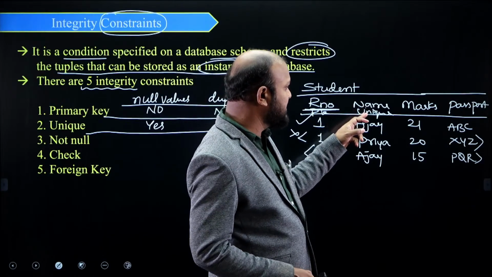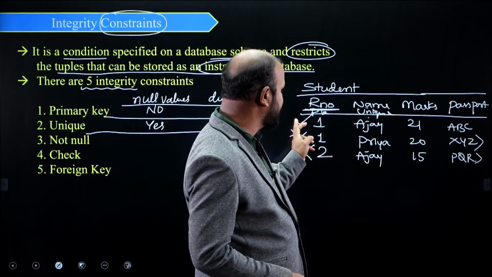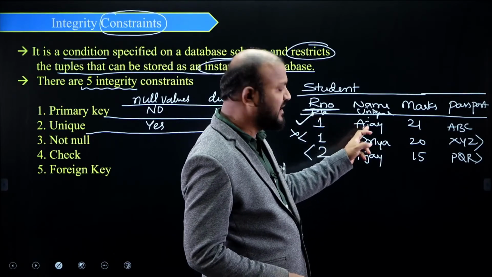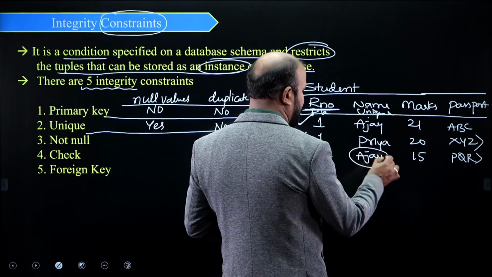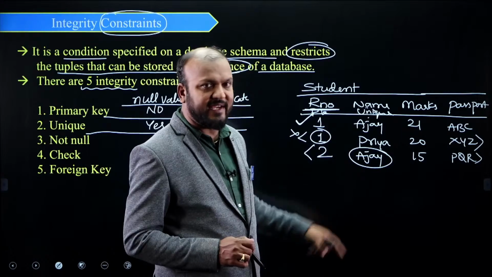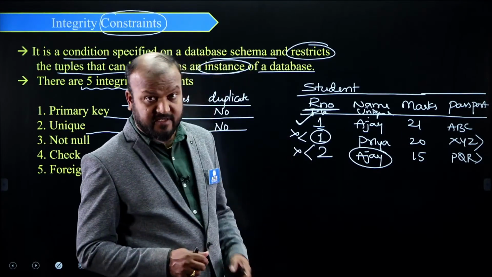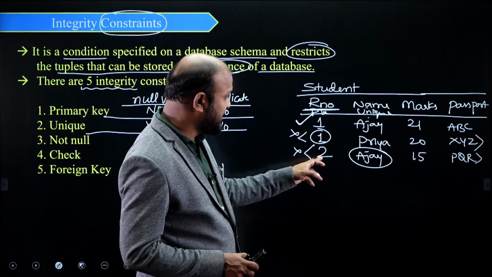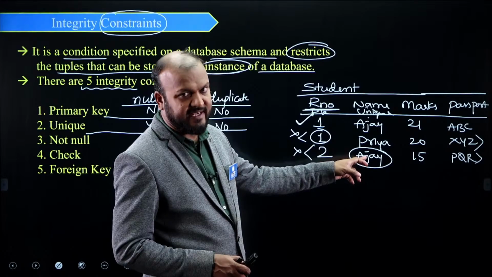And here, on the name, we have a condition called unique, because the first tuple is already inserted with the name Ajay, but I am trying to insert one more student with the name Ajay, and that Ajay is duplicating. Because it is duplicating, it is going to be rejected. Then you may ask, sir, this constraint is allowed, this constraint is violated.